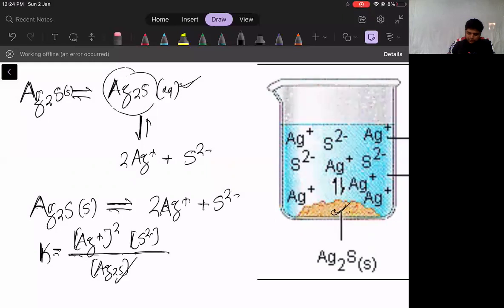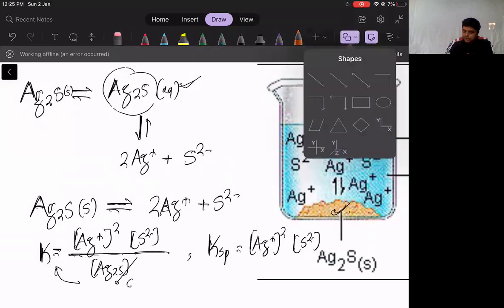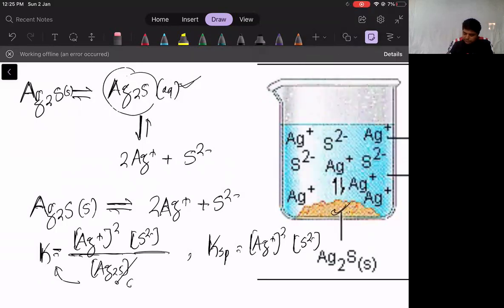So this has to be a constant, and we can cross multiply these two terms. So K multiplied with another constant will be called the KSP, and KSP will be equal to the Ag plus concentration raised to power 2 and the S2 minus ion concentration. To this I am putting now a square box like this. So this becomes the general equation for the solubility product.